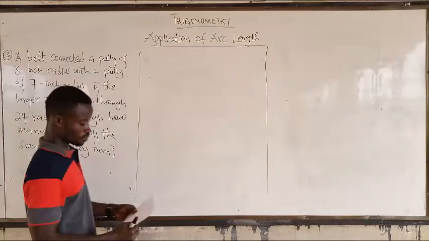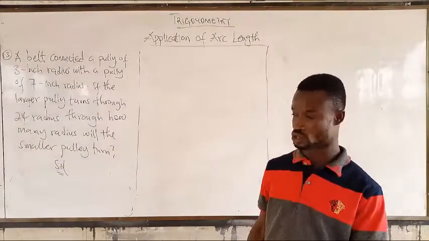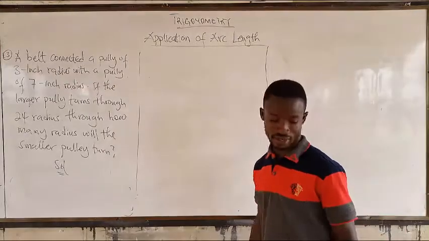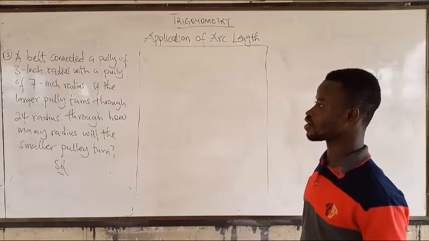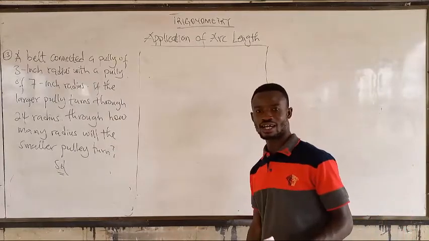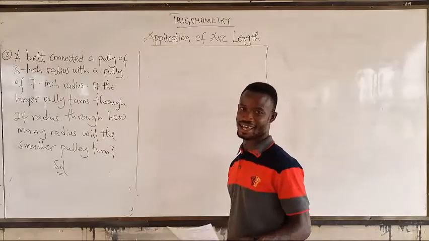Alright, so we have our third question on the board, and this is similar to the second one that we just saw. This question is from one of our lecturers' exams.